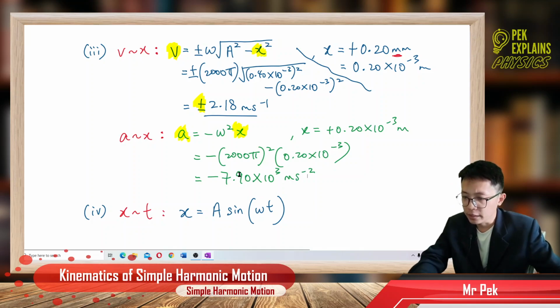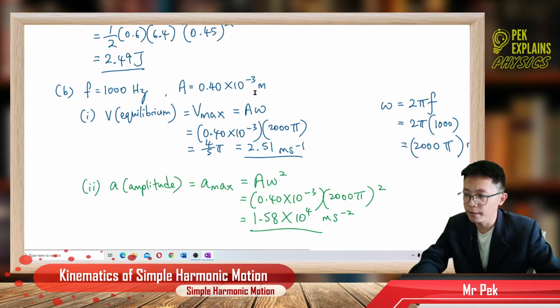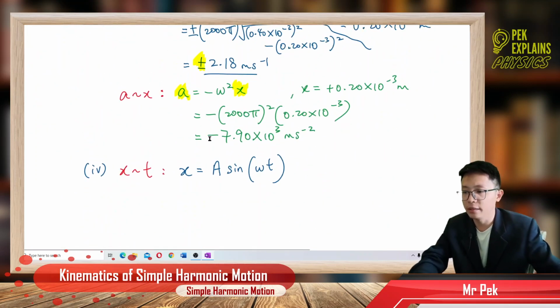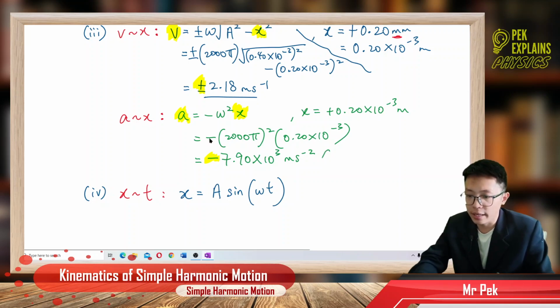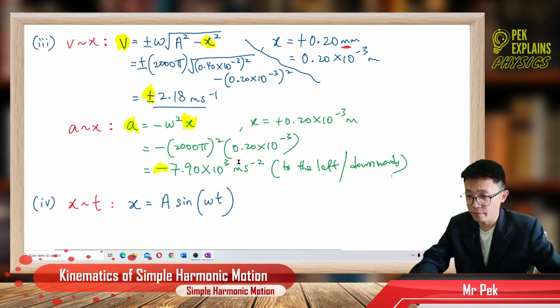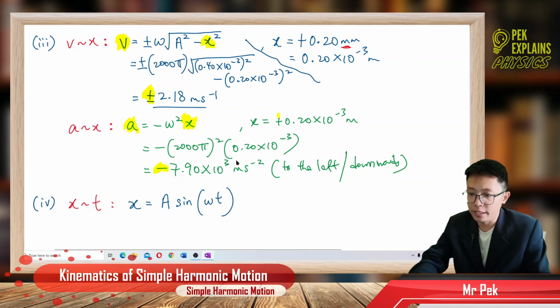So this one is negative. You can see the acceleration is negative. It means that it is maybe to the left or downwards. Okay, the direction. Of course, because when displacement is positive, acceleration must be negative.